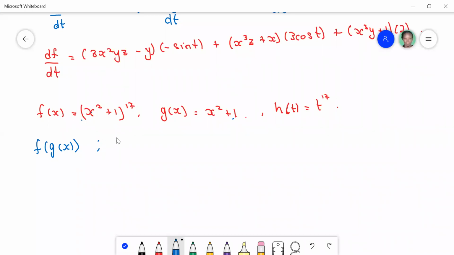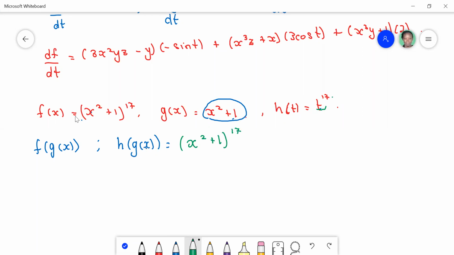So if I have h of g of x, what does it mean? Wherever I see t, I substitute g of x. So I have t, and I'm substituting for g of x, so I have x squared plus 1 to the power 17.